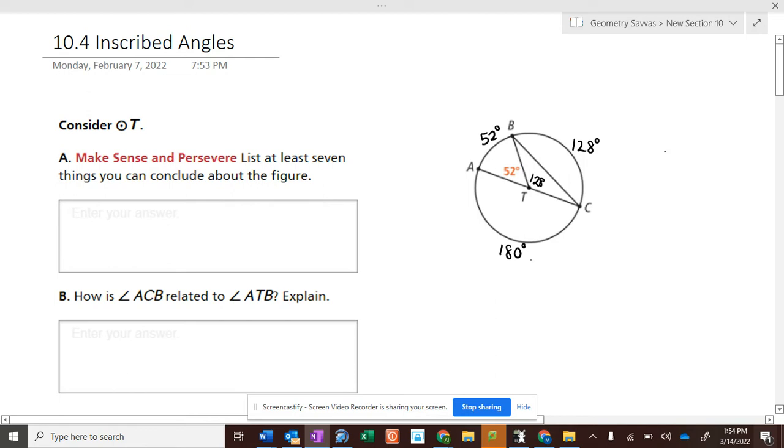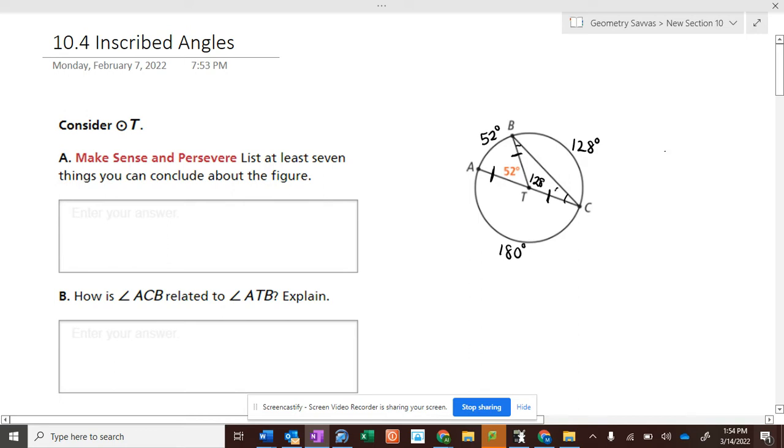Okay. What about AT and BT? They're congruent. What about BT and TC? They're congruent. So then, what do we know? What kind of a triangle is BTC? An isosceles triangle. So do we know what each of these little angles are? How big are each of the little angles? 26.